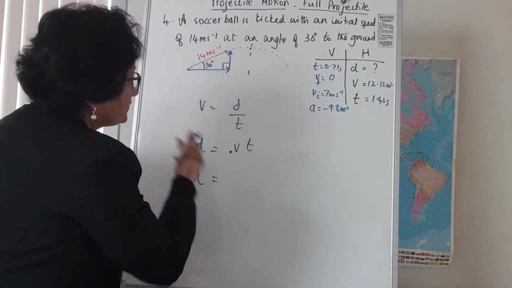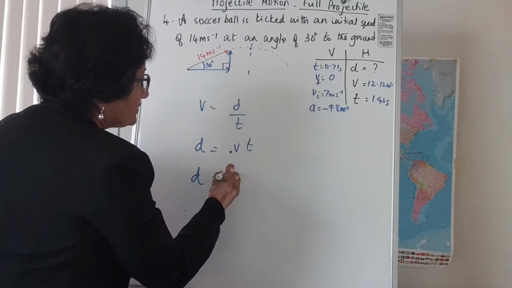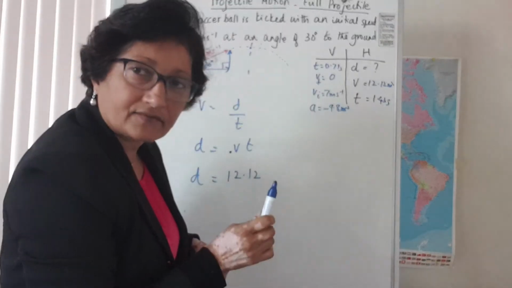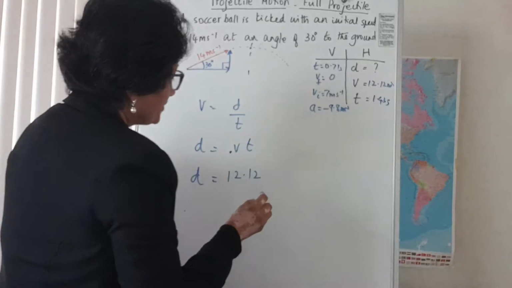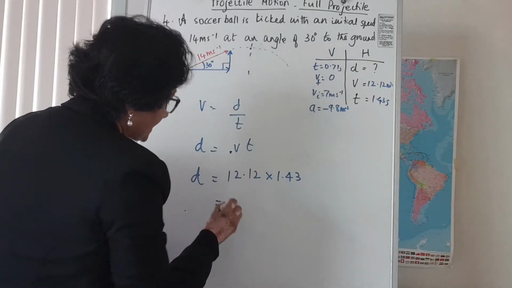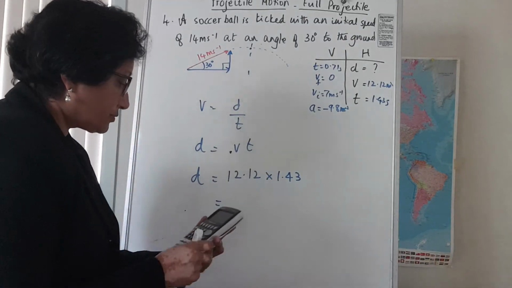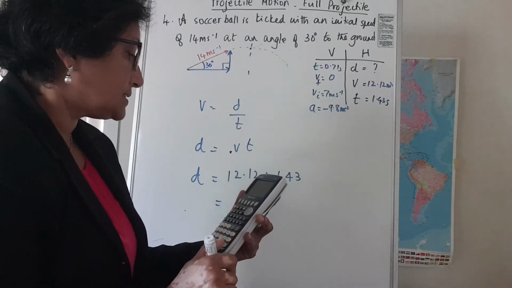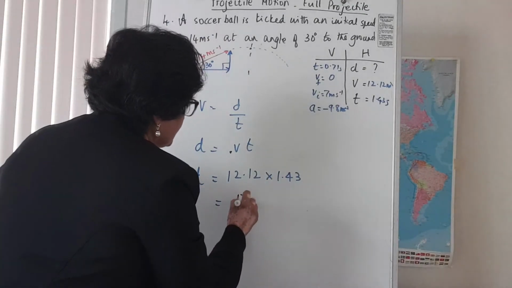The range, or the distance traveled, uses our horizontal velocity of 12.12. We never mix up horizontal and vertical components. So we keep the horizontal separate, and the total time is 1.43 seconds. So 1.43 times 12.12 is 17.3 meters.